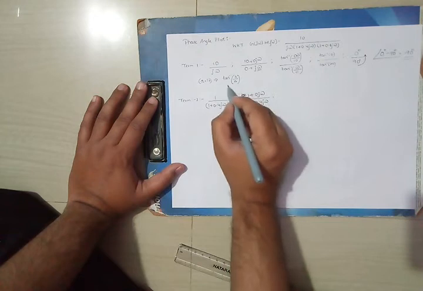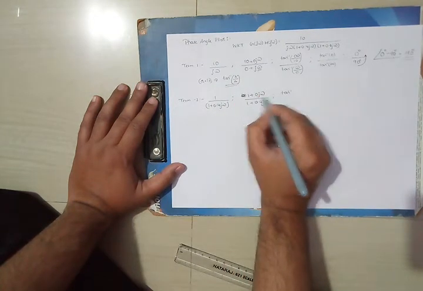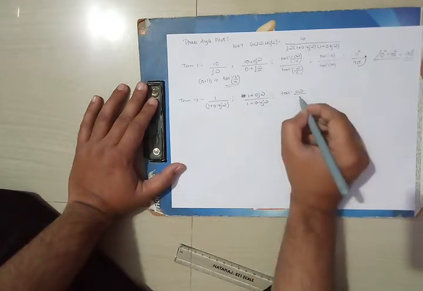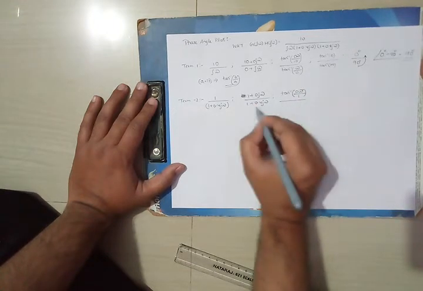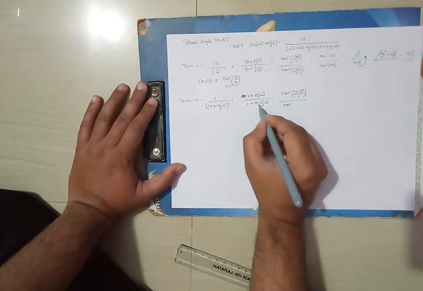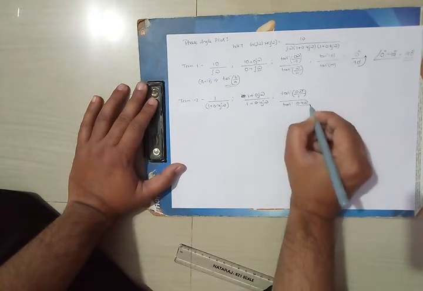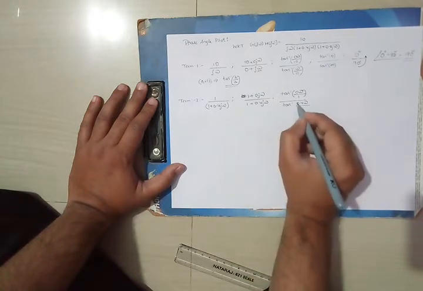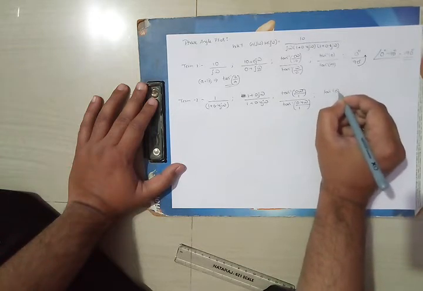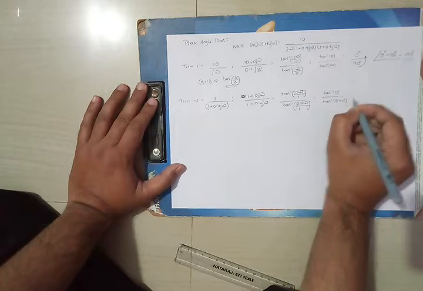If we apply the formula tan inverse of b by a, we get tan inverse of 0ω, which is 0, divided by a value of 1, minus tan inverse of 0.4ω divided by 1.